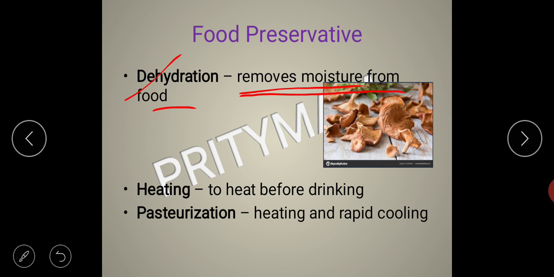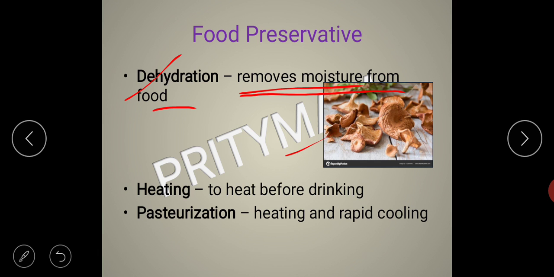But when we use the dehydration process, some of the vitamins like vitamin B complex and vitamin C are destroyed when the food is dehydrated. Mushrooms, most of the fruits and so on are preserved using the dehydration method.